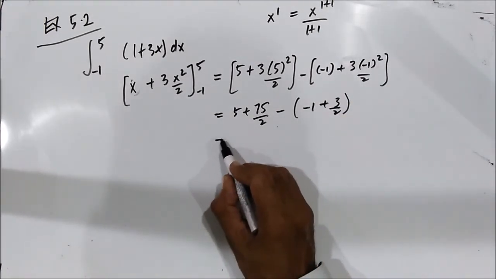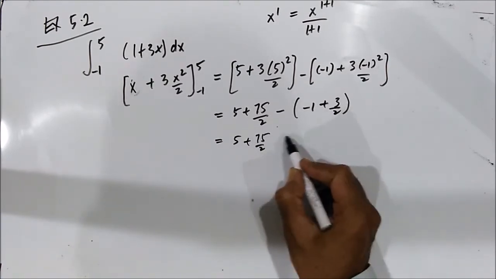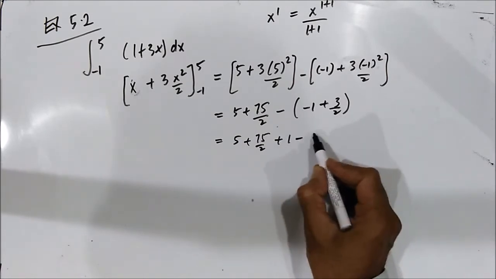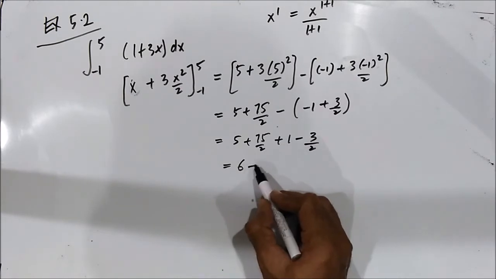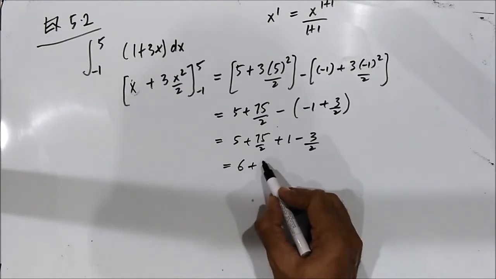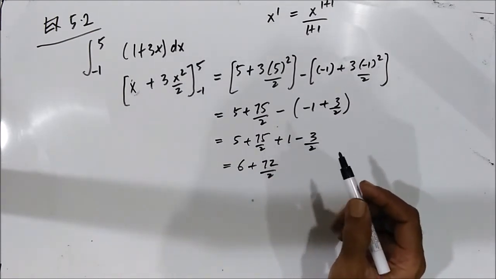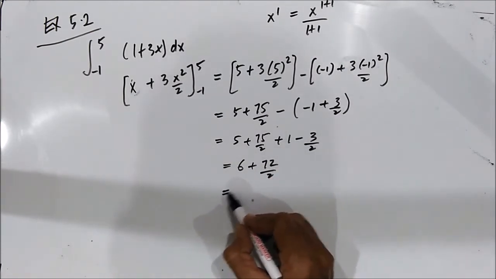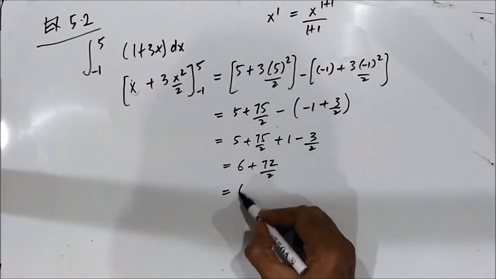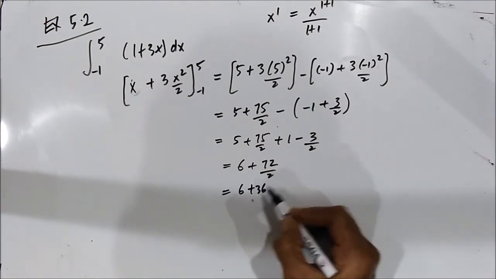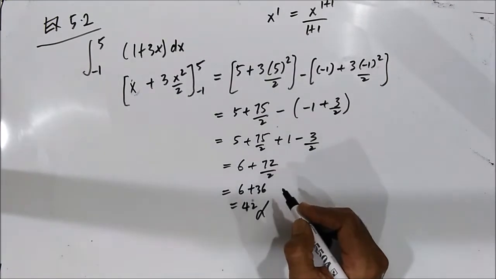So this can be written as 5 plus 75 over 2 plus 1 minus 3 over 2. So here is 6 plus 72 over 2. So 72 over 2 is 36. So 6 plus 36 equal to 42. This is the answer for A.